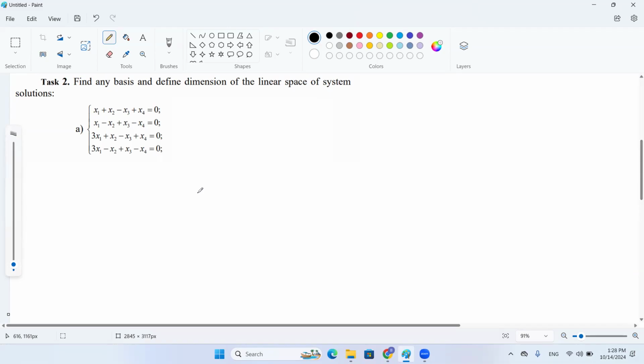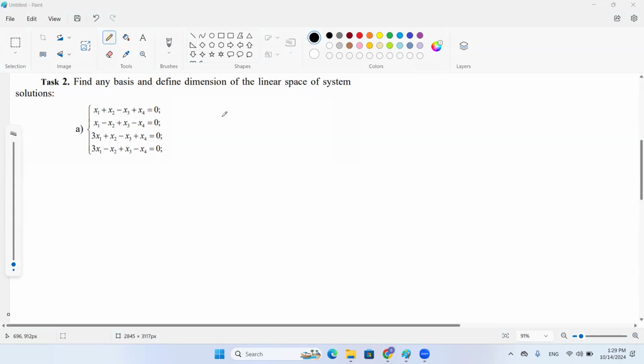How to find the basis? Maybe anybody else remembers as well? Okay, then you go on. Yes, I know, we need to find free variables and basis variables, and due to free variables we need to find equations for the basis. Well, so we need to find the general solution.